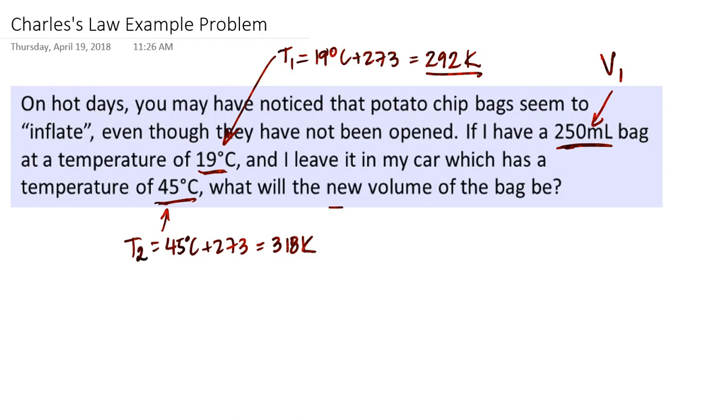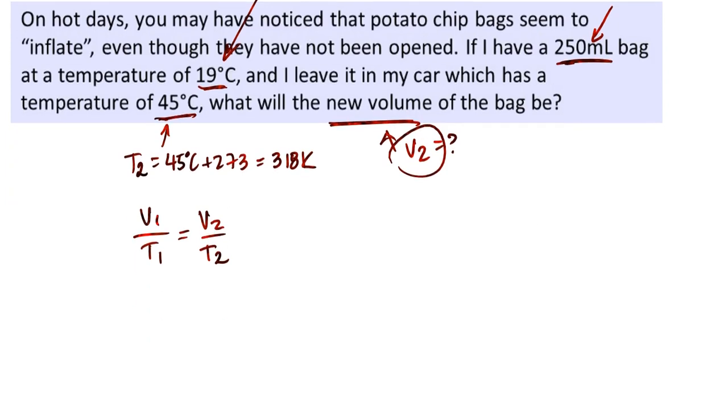Okay, and I'm being asked for the new volume of the bag. So that's my V2, and my V2 is the variable that I'm looking for. So now I'm going to rewrite Charles's law. That's V1 over T1 is equal to V2 over T2. I'm trying to solve for V2.